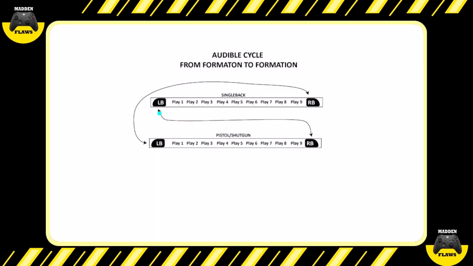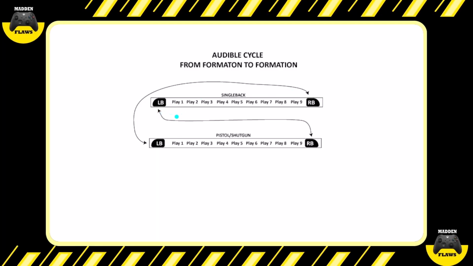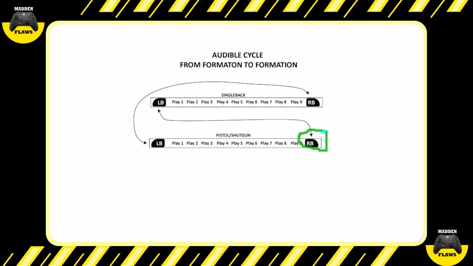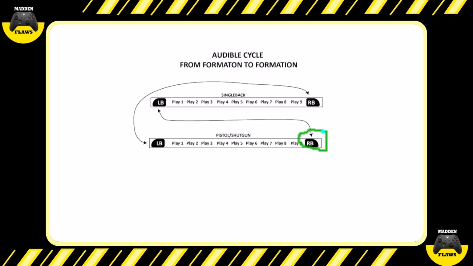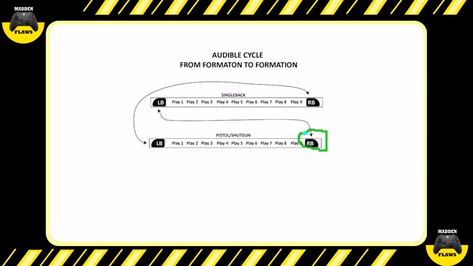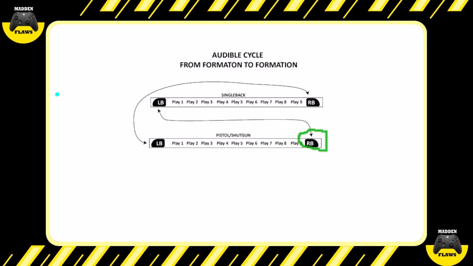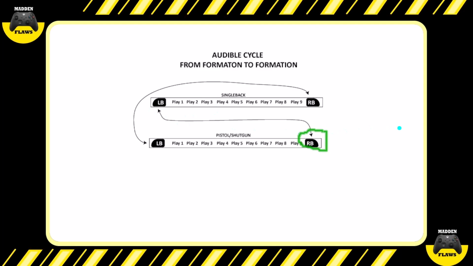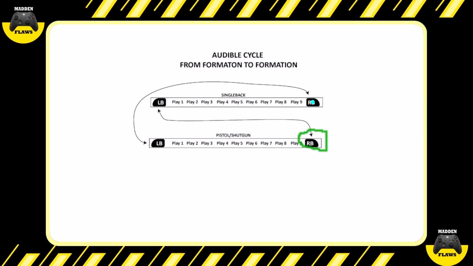When you press your LB button, it now flows down to the end of your pistol or shotgun. So then it's at the end of that list. You go from the beginning to the end.